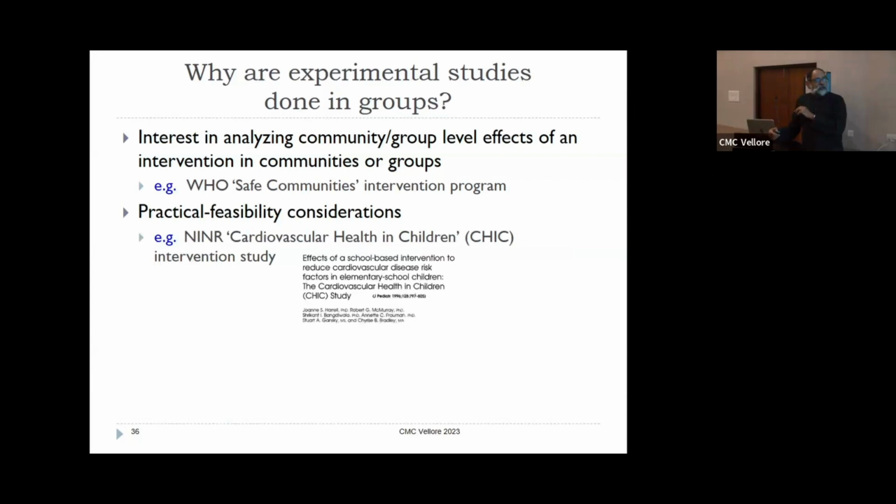This is that study that I mentioned on 3rd and 4th graders and elementary school children that was trying to get them to eat better and do more exercise, when we know that what 3rd and 4th graders eat depends on their parents. And so that was very crucial in doing this kind of study. And they were interested in school level effects as well as in kid level effects.